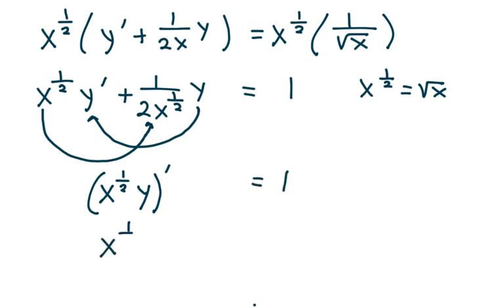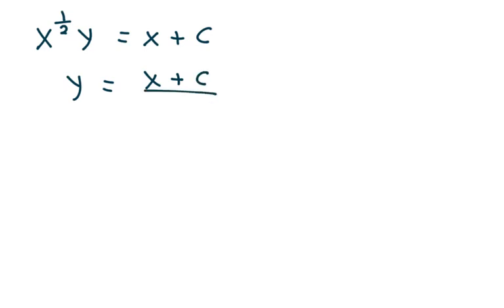So x to the 1/2 times y is the integral of 1 dx. So x to the 1/2 times y is equal to x plus c. And if I divide both sides by x to the 1/2, I'm done. So I get y equals x plus c over x to the 1/2.